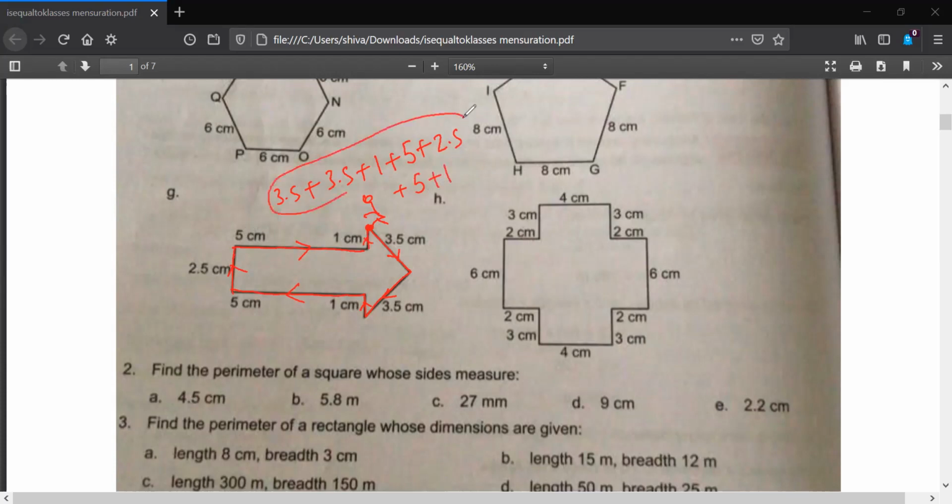Mr. Sarthak, have you understood? Yes, sir. Okay. If you have understood, tell me the answer. Very nice, Mr. Sarthak. The answer would be 21.5 centimeter.